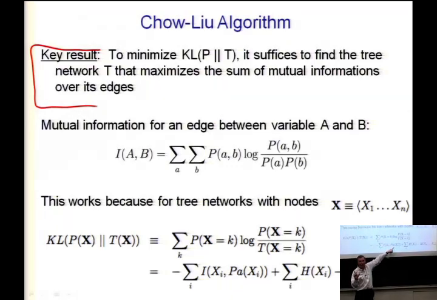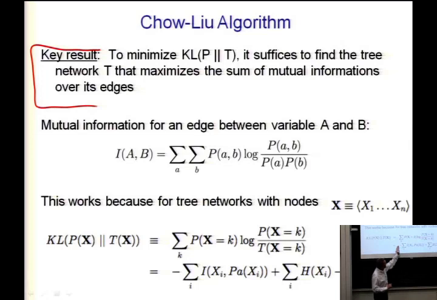Of course, in a tree, you only have one parent. And if we sum over all the nodes, we're also going to sum over all the edges, because every node will have at most one edge, plus the sum over all the nodes of their entropy, minus the joint entropy. And these are the true entropies under P and the joint entropy under P.